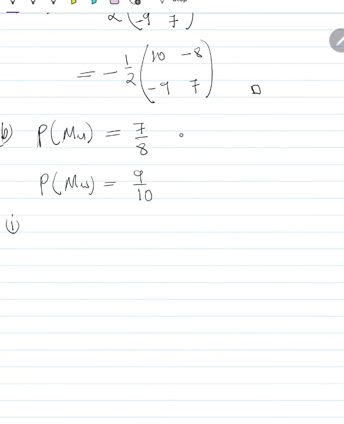So here I'll put in red. The probability of being selected is 7/8. Okay, so the probability of not being selected is 1 minus the probability of being selected. So 1 minus 7/8. So this is just 8/8 minus 7/8, which is 1/8.